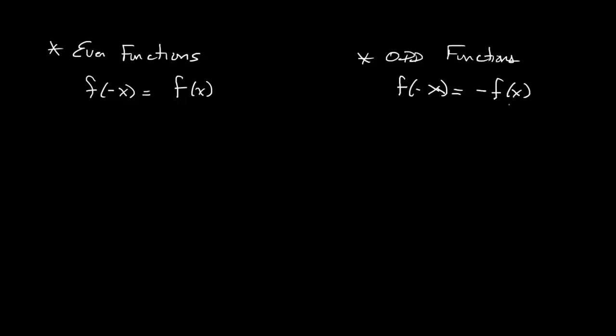There's a couple different meanings of it, but more specifically, I like to note some important graphical representations: even functions always have y-axis symmetry. They are always symmetric about the y-axis. Odd functions have origin symmetry.